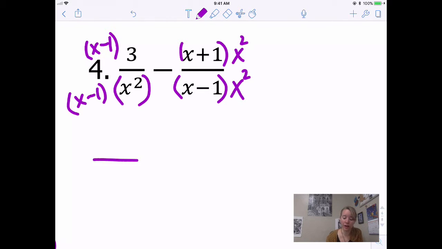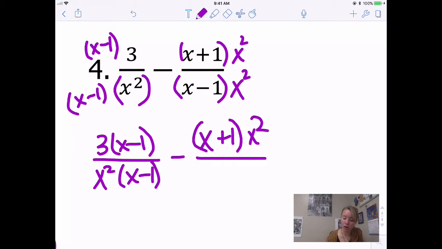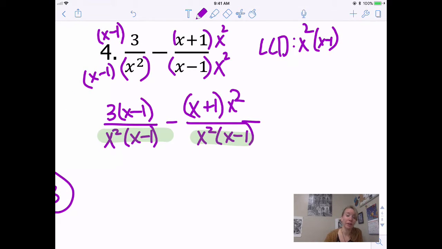Okay, so when I rewrite, I'll get 3x minus 1 times x minus 1 over x squared, x minus 1, minus x plus 1 times x squared over x squared, x minus 1. Okay, notice now the LCD is x squared times x minus 1. And we can simplify.